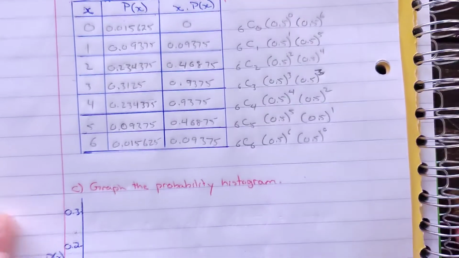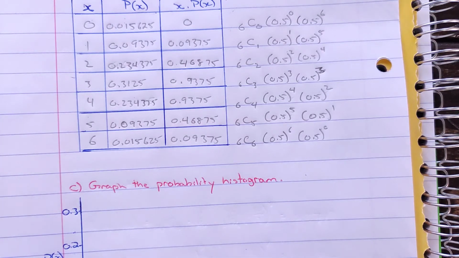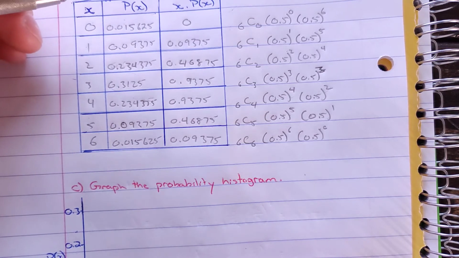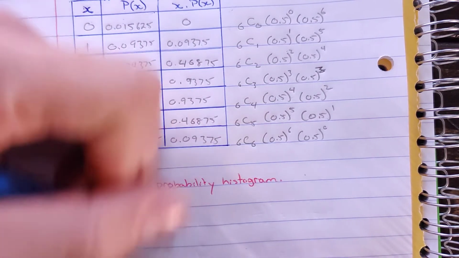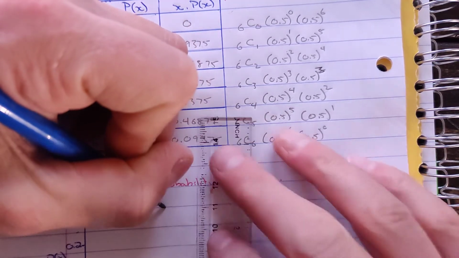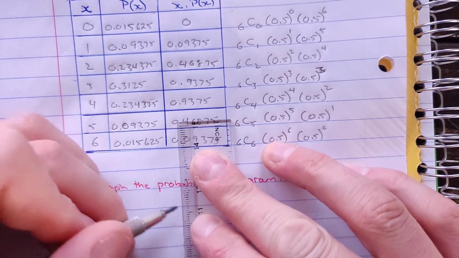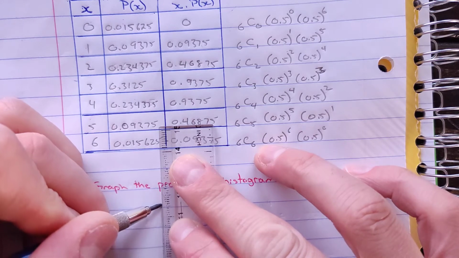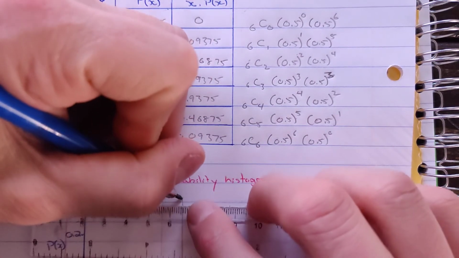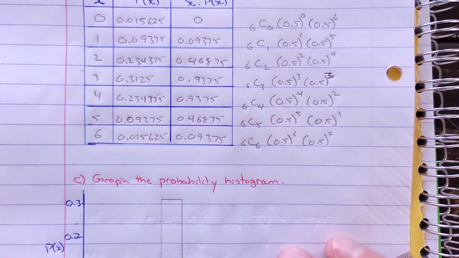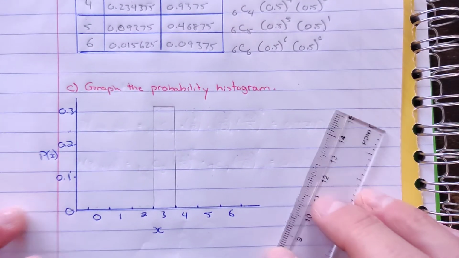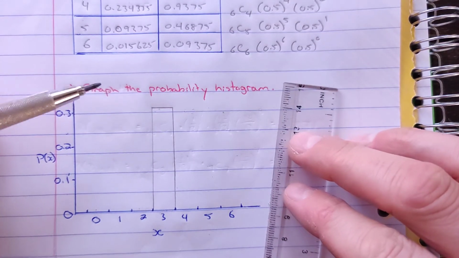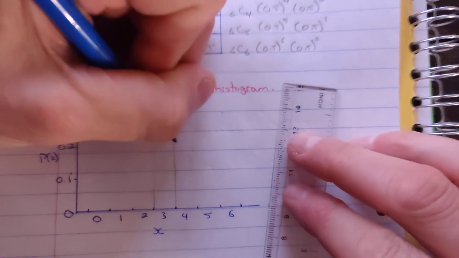Now, if we want to graph this, I'm going to start in the middle here. We have about a 31% chance of having 3 girls. So above the 3 here, it's going to go up to just above here. That might even be a little too high. Somewhere about here, just for a sketch of our graph. There's our 3 column. And then our 2 and 4, they're going to work out to about 23%.